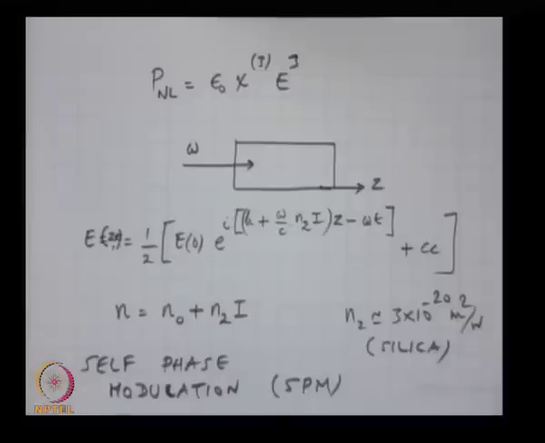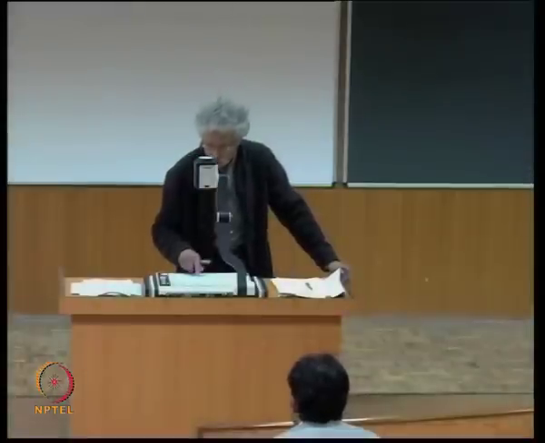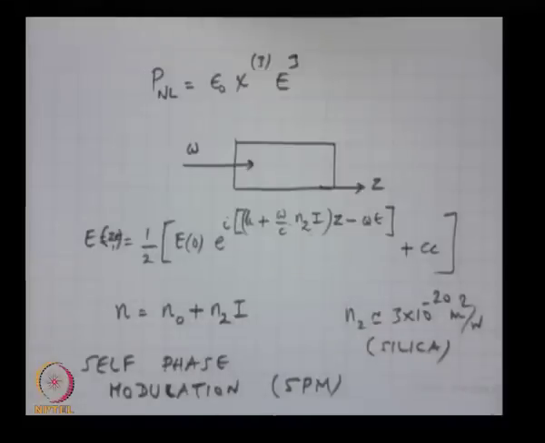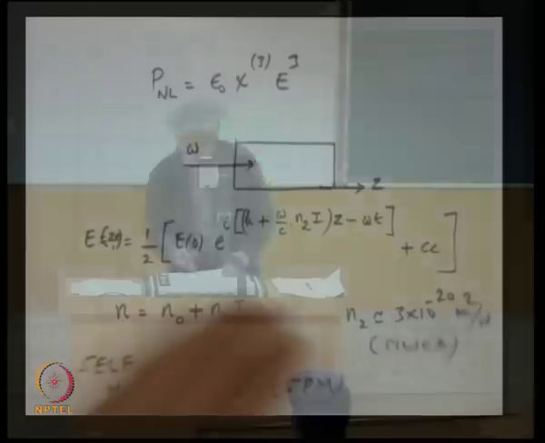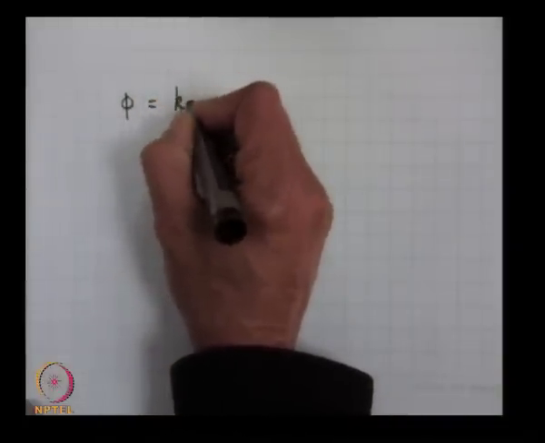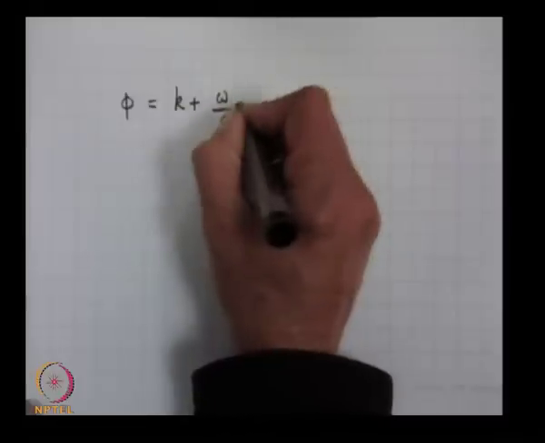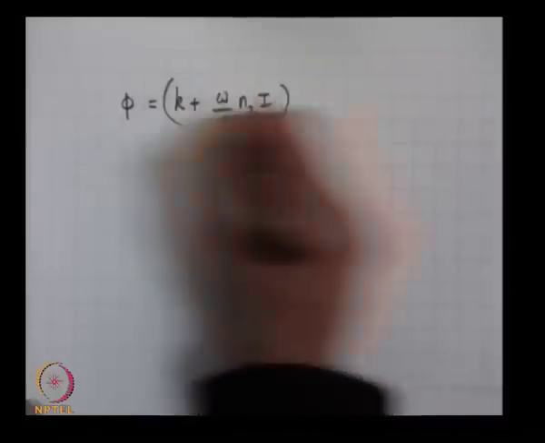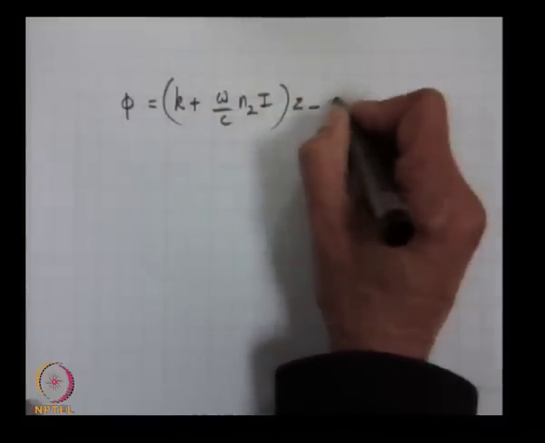For example, if I have a Gaussian pulse of light, the intensity increases and decreases with time, which means that the output phase also changes with time within the pulse. So the total phase change will become like this: phi will be (k plus omega by c n2 I) into z minus omega t.